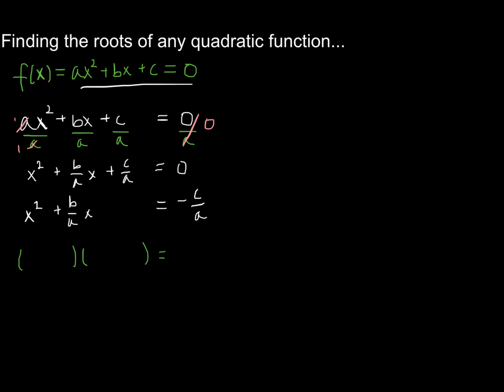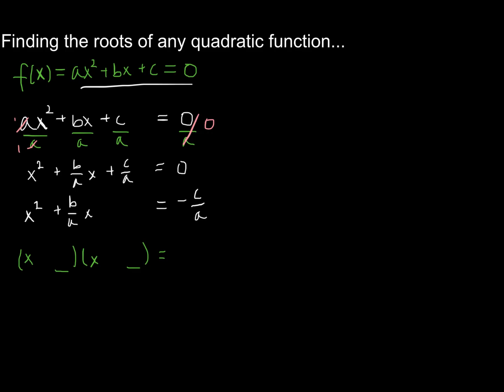And I know that each of them are going to have an x to the first term, because x times x is x squared. And so now we can use our knowledge of the multiplication of these pieces, the missing link. I'm just going to put a little blank here. We know that when we multiply this times this, we'll get whatever this missing value is, and when we add these two together, we'll have to end up with b over a.